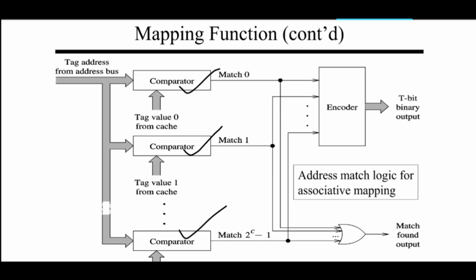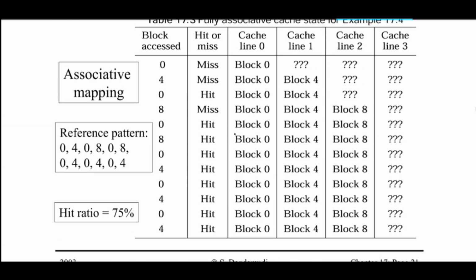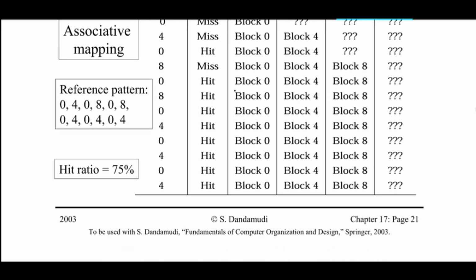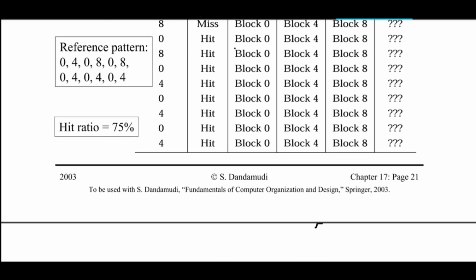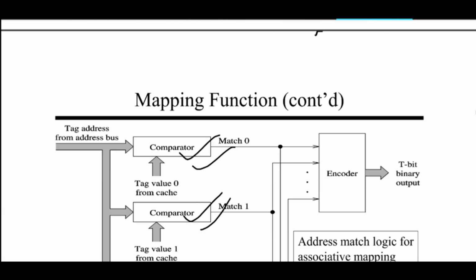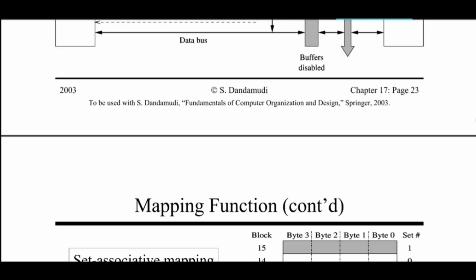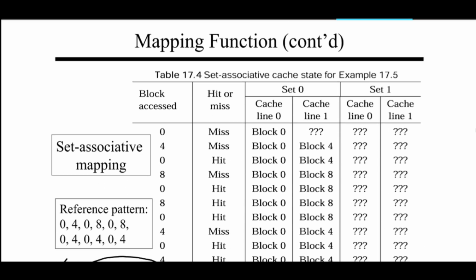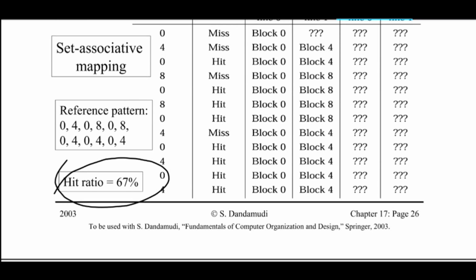These comparators increase the cost, and searching the whole cache also takes too long. For these reasons, and cost being the main one, we use fully associative mapping less. We use set associative mapping and direct mapping in place of fully associative mapping.